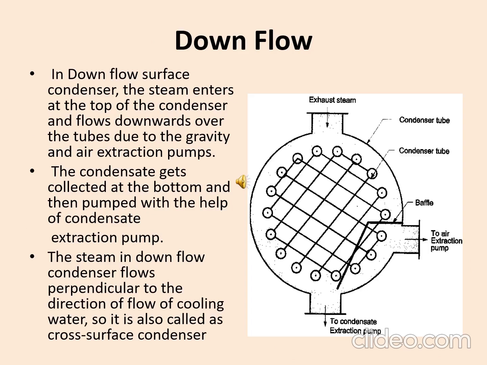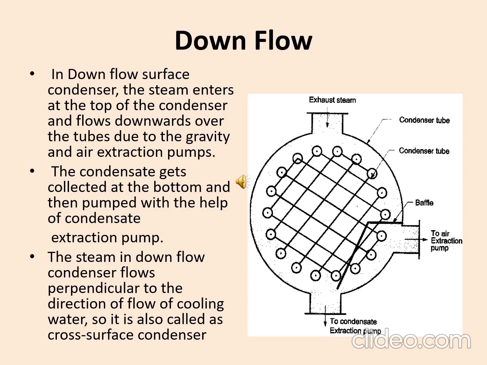In those horizontal pipes cooling water is passing, so that the steam coming from the turbine in the upward direction goes to the downward direction through the suction of the air extraction pump. The air extraction pump does the suction, so the steam comes downward. The cooling water is passing through the tubes, so when the steam comes in contact with the cooling water tube, it rejects its heat.